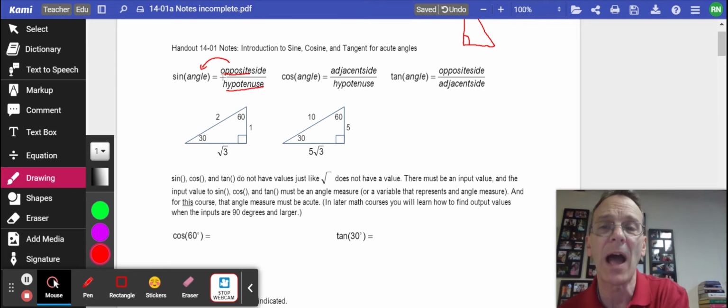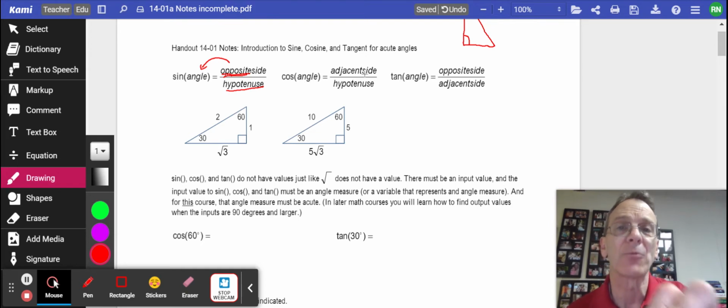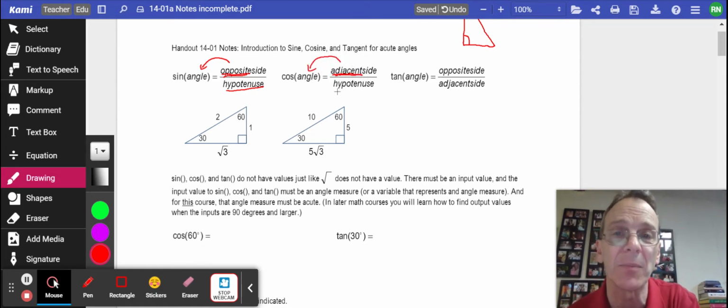We're going to talk about what "opposite from that angle" means. Okay? The cosine of an angle, that result is found by taking the length of the side which is adjacent to the angle and then dividing by the hypotenuse.